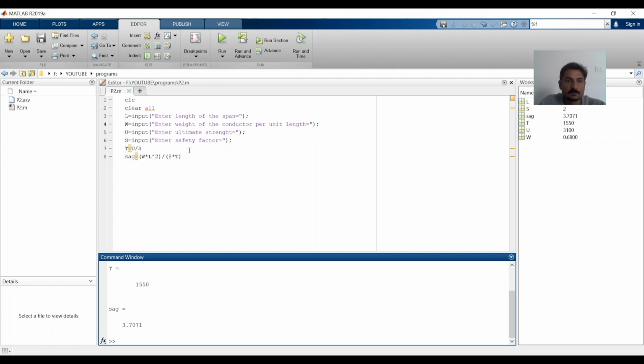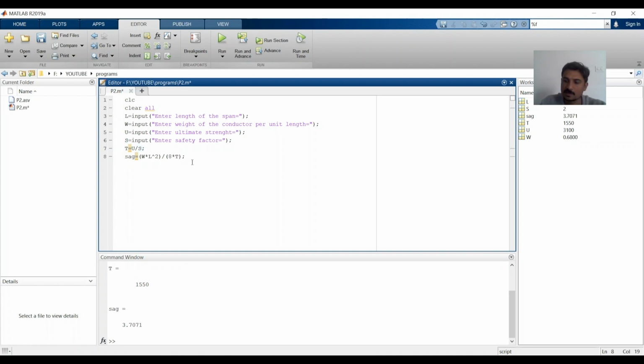For that, we can print them on a single line using the fprintf command. fprintf sag is equal to percentage f, comma sag, and fprintf tension is equal to percentage f, comma T.